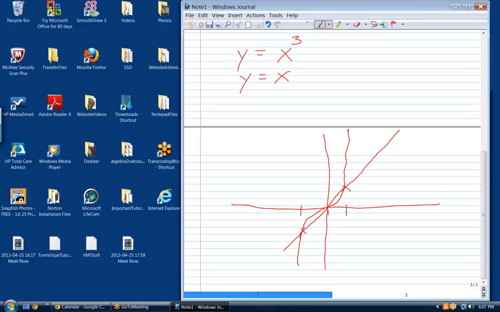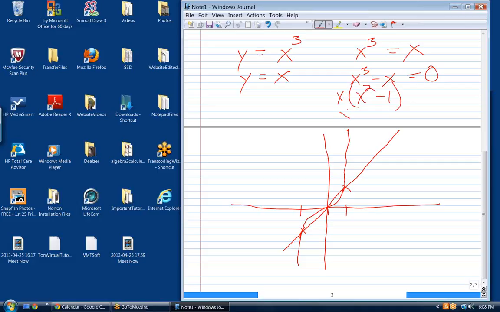So x cubed equals x. How do we solve that? Move the x on the right over, equals 0. And then factor out an x.